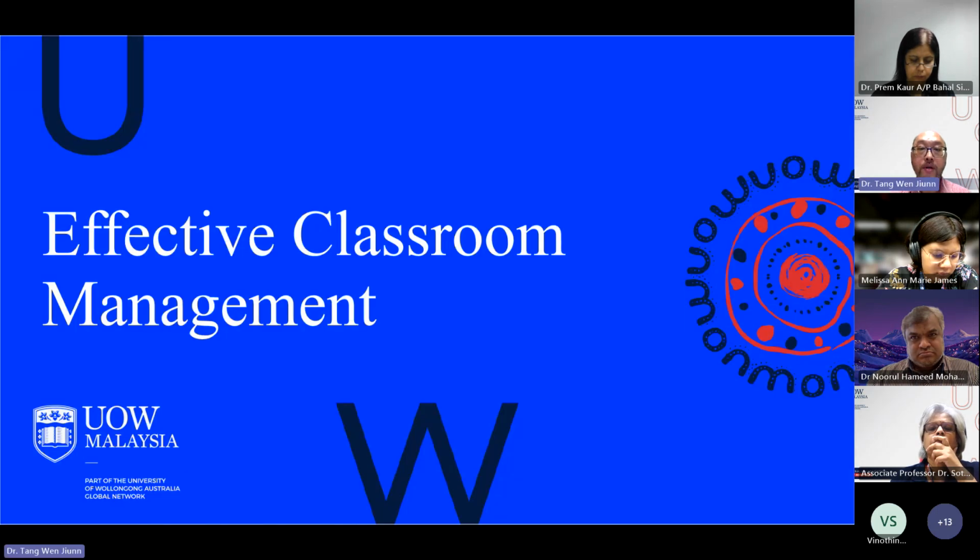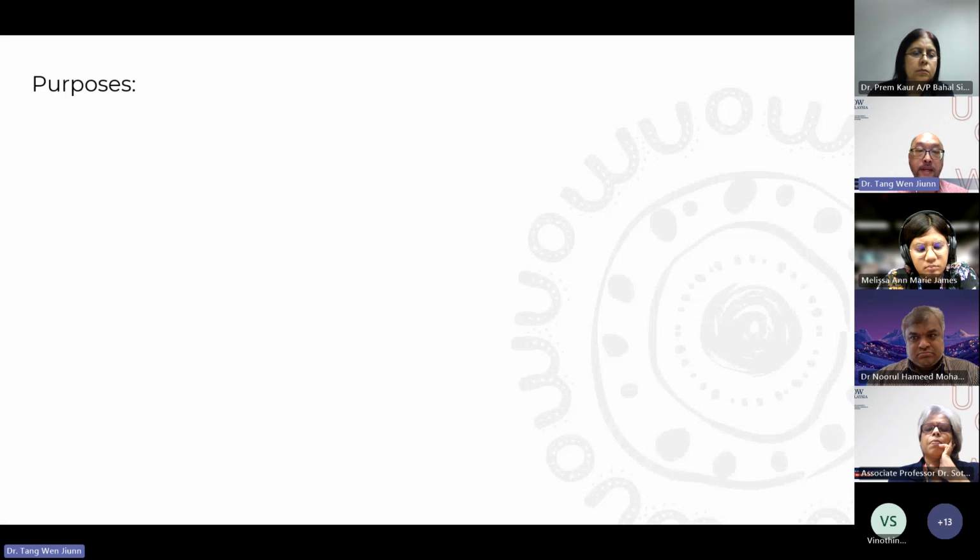All right, so now we have those several factors. Now we see how we can achieve those factors. In the class, of course, we are looking at class management. What is considered effective class management, and why do we have it?